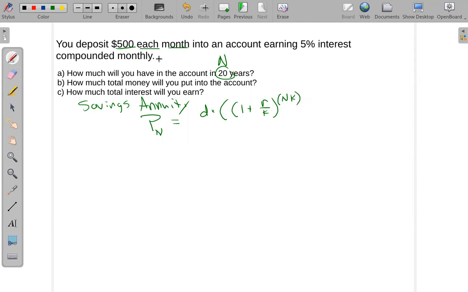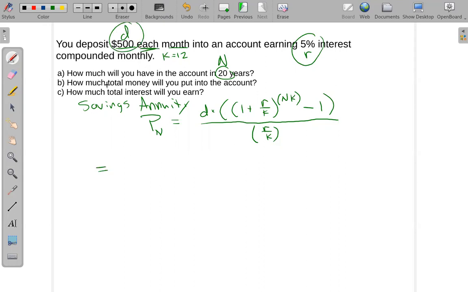So we're using K equals 12 for monthly here. And then we have a -1 parentheses, and that's divided by, and some calculators need a parentheses in the bottom for R over K. So here, K is my compoundings per year, N is the number of years, R is my interest rate, and D is my $500 each month.